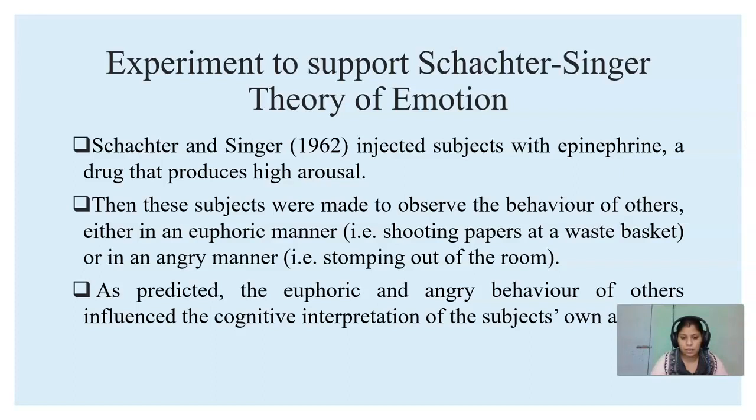So the group who saw people behaving in an angry way interpreted the situation negatively, and the group who saw people behaving in a euphoric manner interpreted the situation in a positive way. So the physiological responses not only indicate our emotion, but the way we are interpreting the situation when we are in an aroused state determines our emotion.